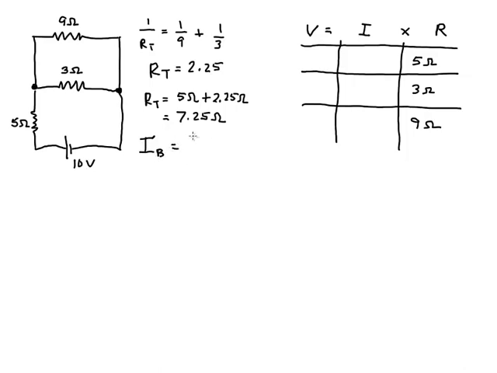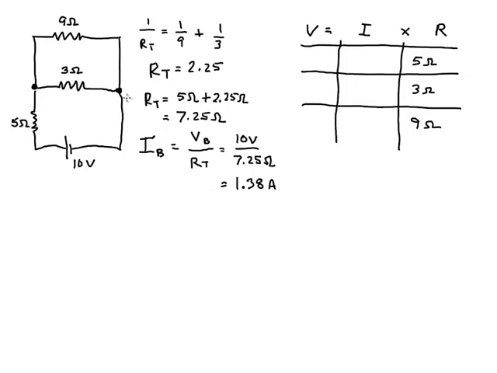The current through the battery equals the voltage of the battery over the total resistance. We have the voltage of the battery at 10 volts and the total resistance at 7.25 ohms, which gives us a current of 1.38 amperes.